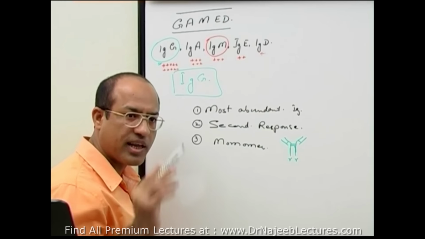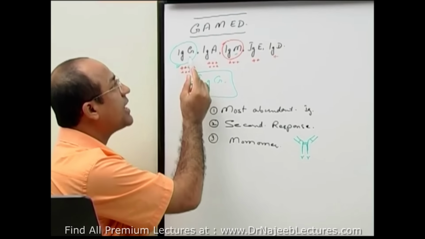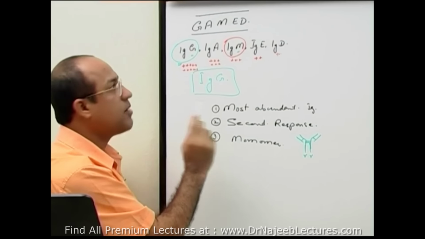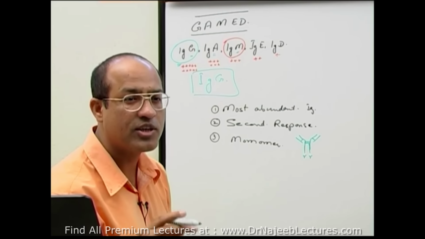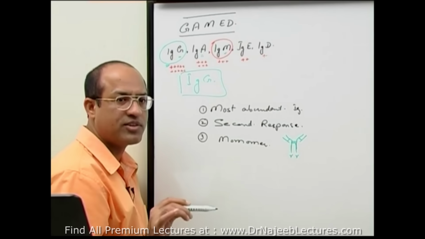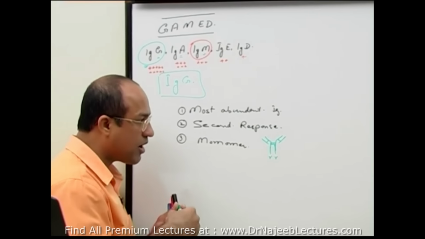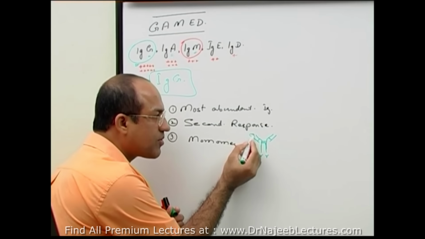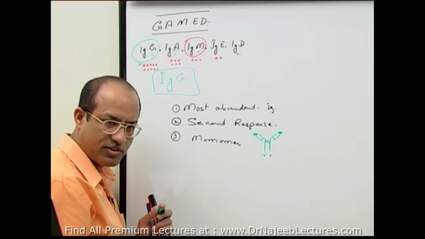So IgM is mainly in the blood, IgG is in all body fluids, but IgA, which we'll study later, is specially secreted in our body secretions. IgG is not present in our body secretions in much amount, right? Again, it's because it is a monomer, so it must be divalent. Is that right?